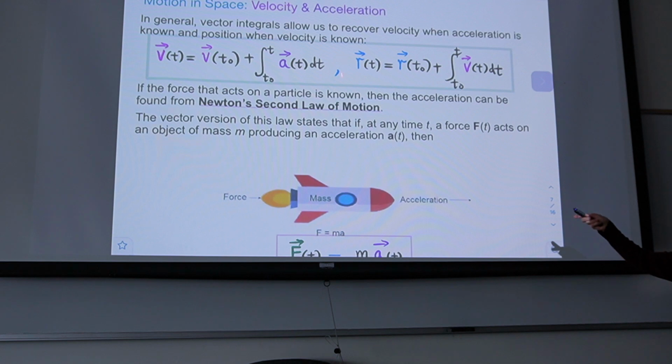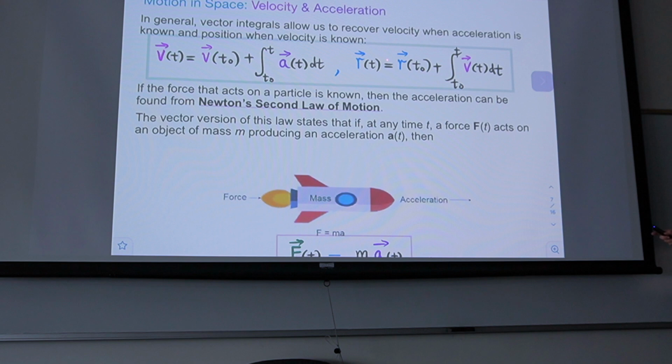Because this integral is equal to this subtracting this. The integral of the rate of change is equal to the net change. This subtract that is the net change in velocity, and acceleration is the rate of change of velocity. So that's the fundamental theorem of calculus.